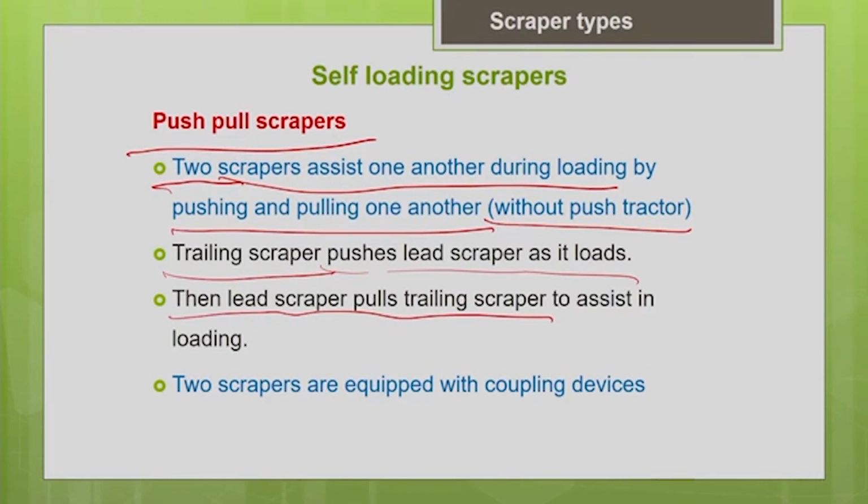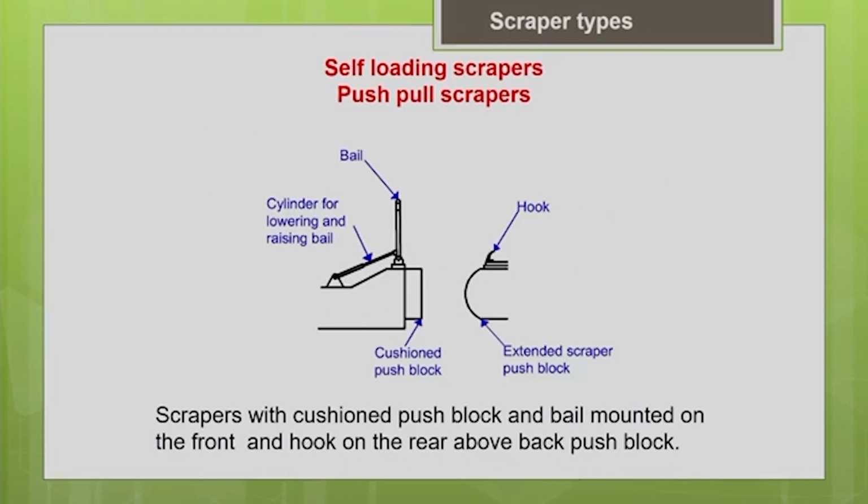To facilitate this, the scrapers are equipped with coupling devices. We can see the picture. This is a kind of coupling device, where the scrapers have a cushion push block. You can see the push block, and this is another scraper push block. The scraper has a hook and bail arrangement, so that you can easily connect one scraper to another. These push blocks also help when the scrapers are pushing each other.